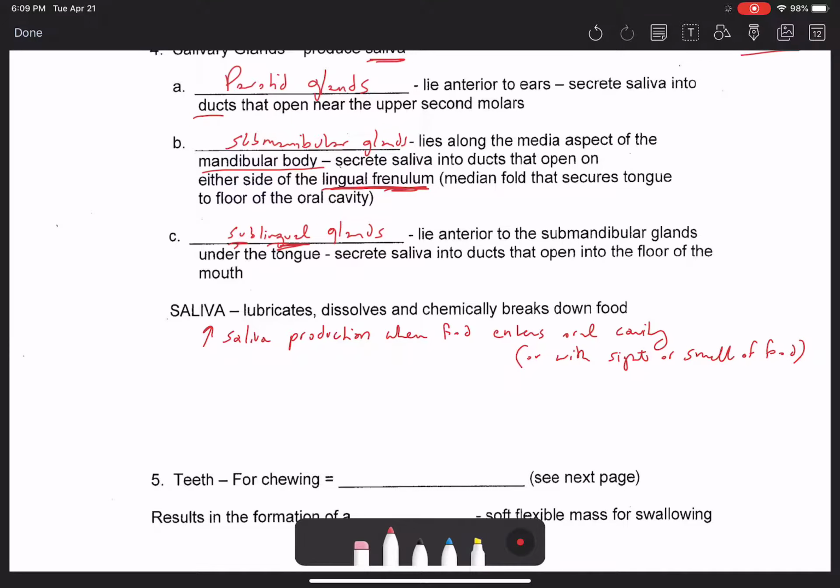We produce about 1 to 1.5 liters of saliva per day. Kind of gross, actually, huh?